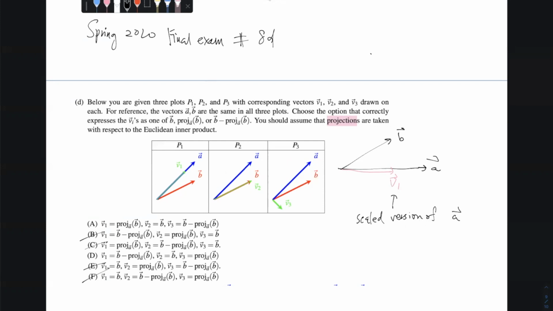So by process of elimination, our answer is going to be option A.